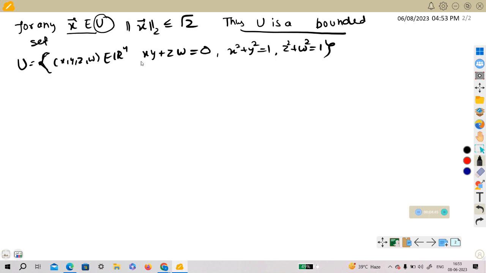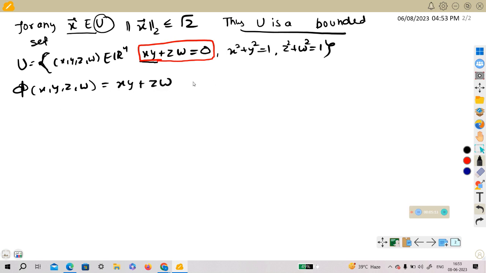Okay, just observe this: xy plus zw is equal to 0. We will use this. We define a function phi(x, y, z, w) which is xy plus zw.